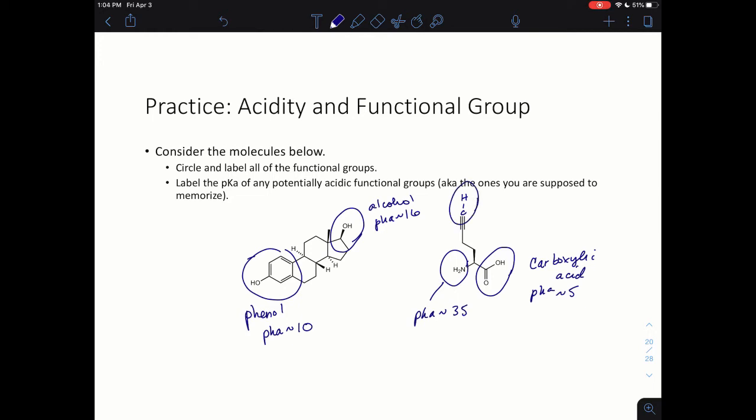A terminal alkyne has a pKa of about 24 to 25. So you want to be able to identify potentially acidic functional groups and know what their approximate pKa values are.